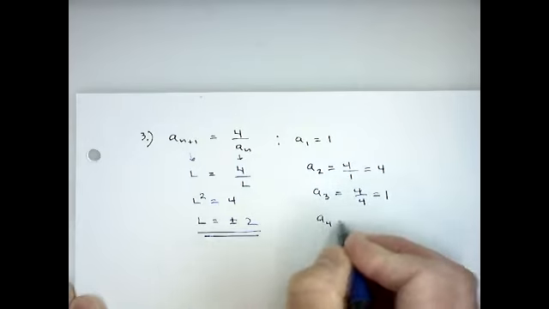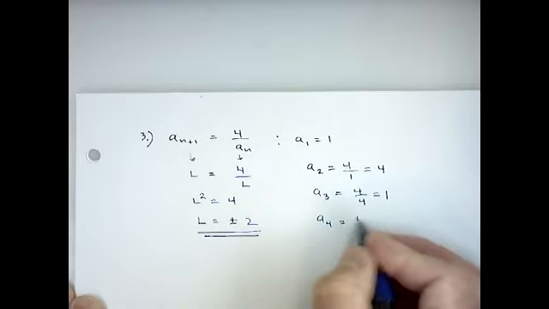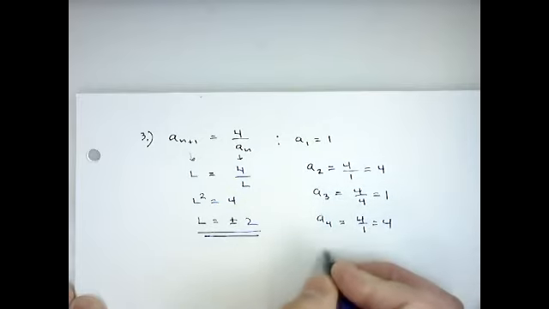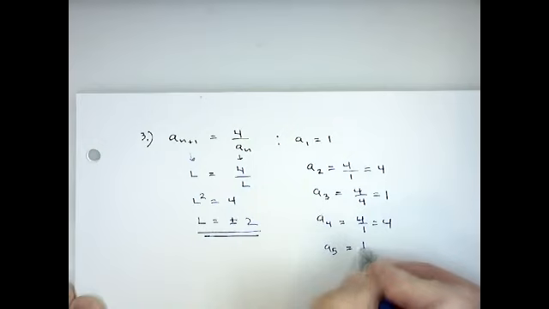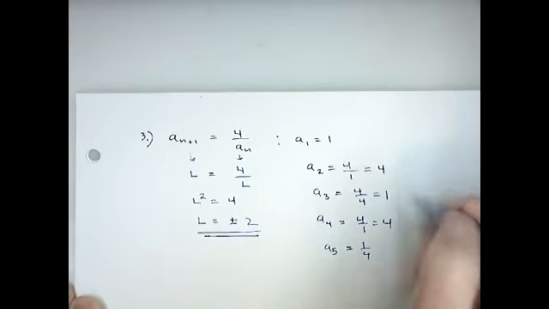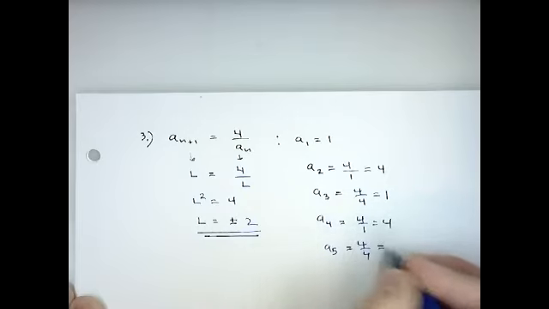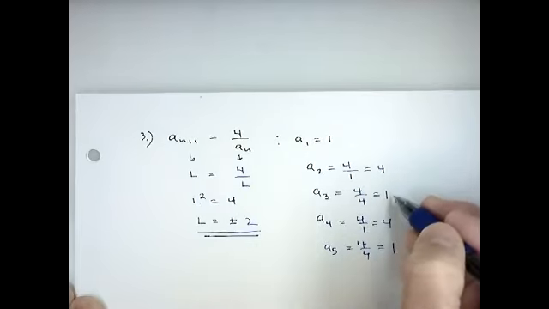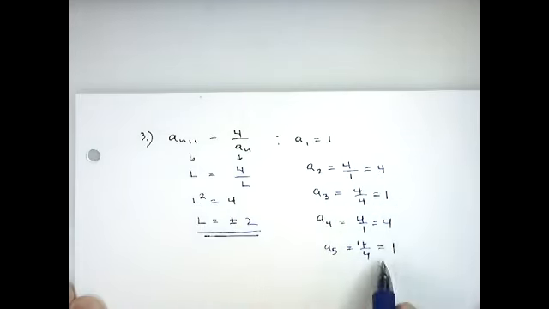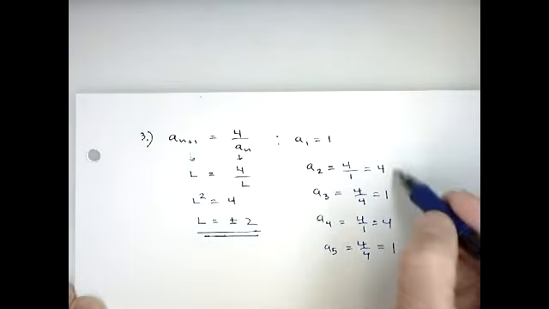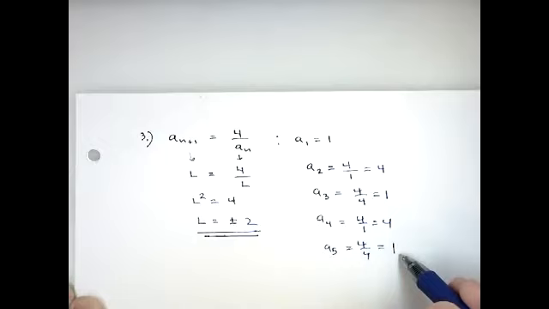A sub 4, put the 1 back in. I get 4 over 1, which is 4. And hopefully you can see what's happening here. 4 over 4, which gives me 1. Notice that these terms are just going to oscillate between 4, 1, 4, 1, which means even though my fixed points were plus or minus 2, this sequence is not going to converge to either of those numbers.